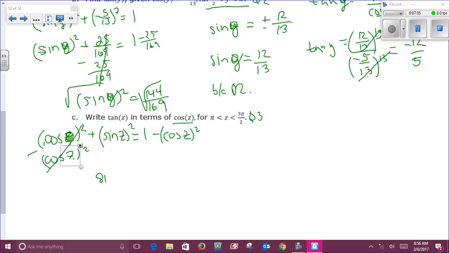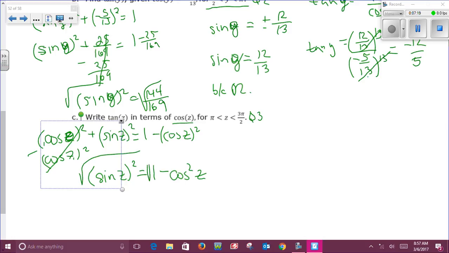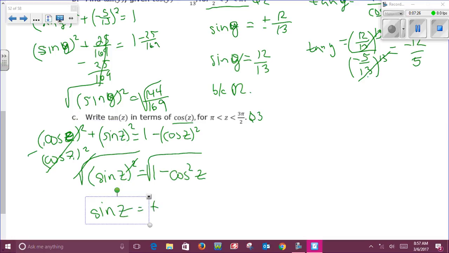So I'm going to have sine of z squared, and I'm going to go back to writing it with the proper notation with the cosine. Now I need to take the square root. So the square and square cancel each other out. So the sine of z is equal to plus or minus square root of 1 minus cosine squared z.